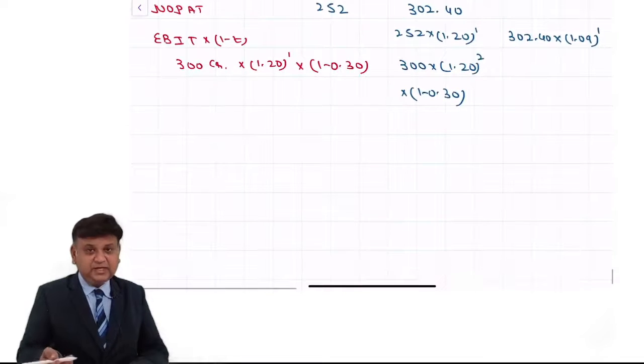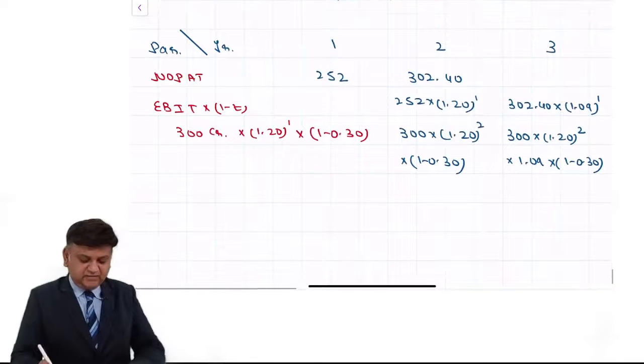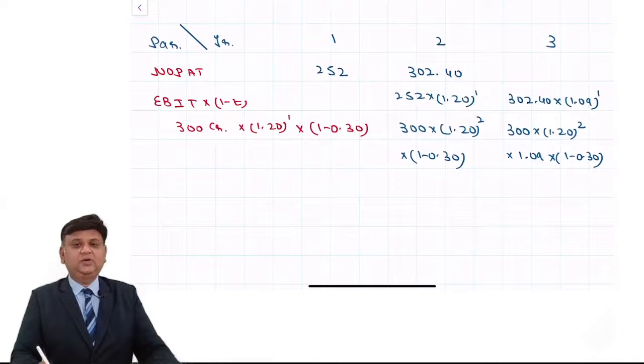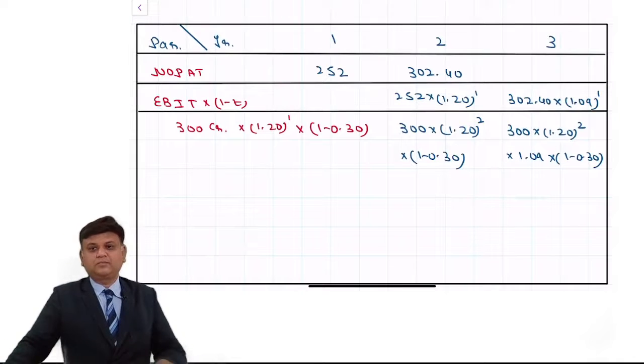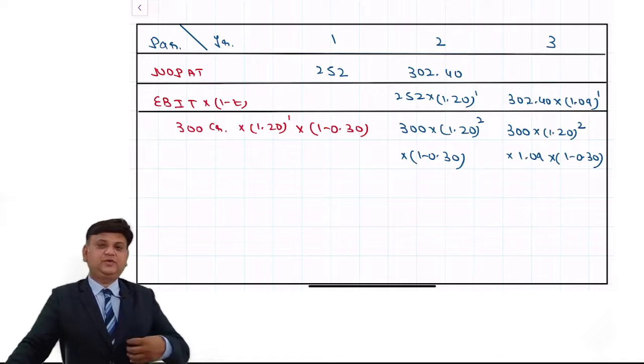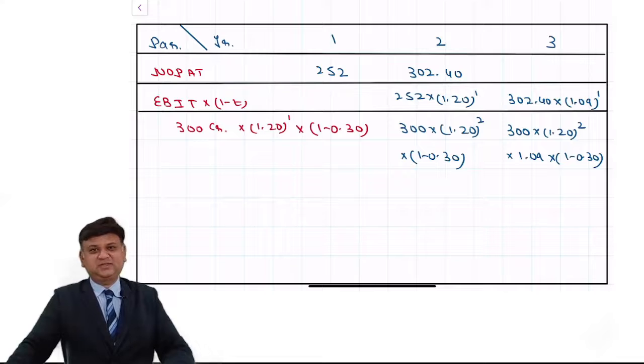Or otherwise you can calculate the answer like this: 300 into 1.20 raised to 2 into 1.09 into 1 minus 0.30. That is the way we'll have the NOPAT from end of year 1 to end of year 3. Try to calculate the free cash flow for the firm for the first year and put your answer in the chat box.